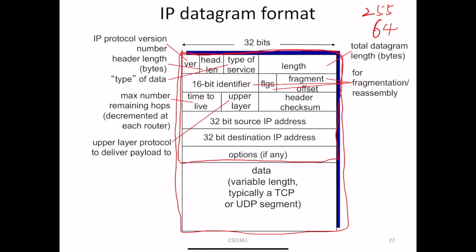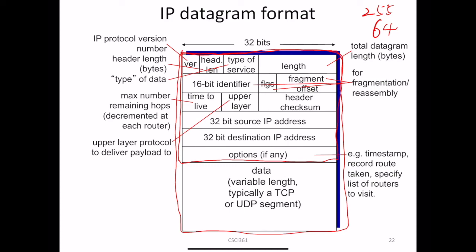After the length, these three fields are used for fragmentation and reassembly, which we will talk about in later slides. These three fields are the 16-bit identifier, flags, and fragment offset.